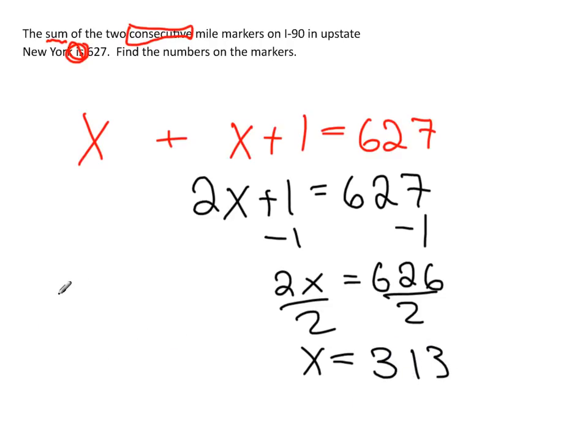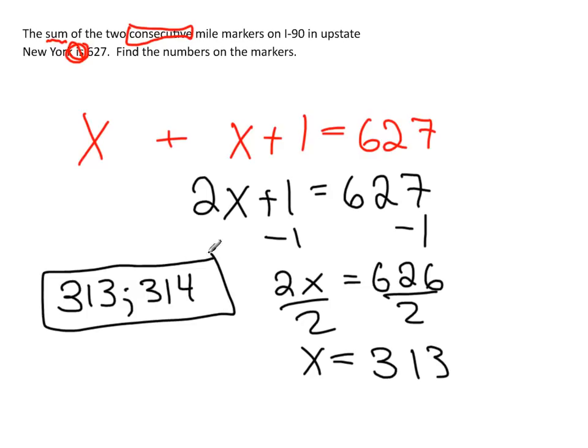So 1 mile marker is 313. The next mile marker is the consecutive one after that, which is 314. So those are our 2 answers. You don't have to differentiate between the 2 because I just said mile markers. You could say here's the first mile marker, here's the second one, but it really is not necessary. So pretty much, let's recap.